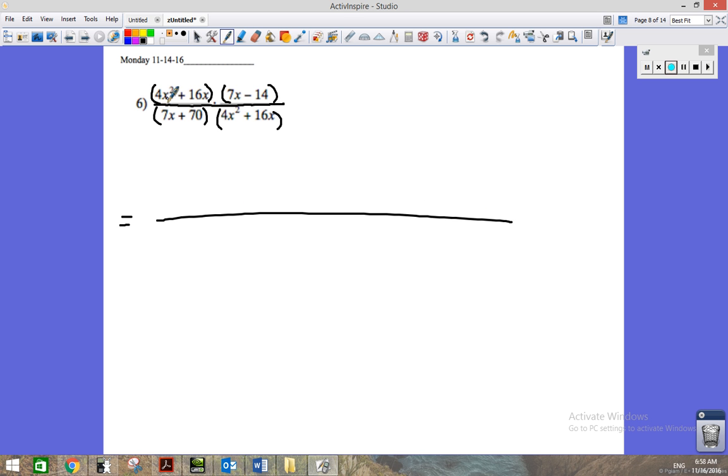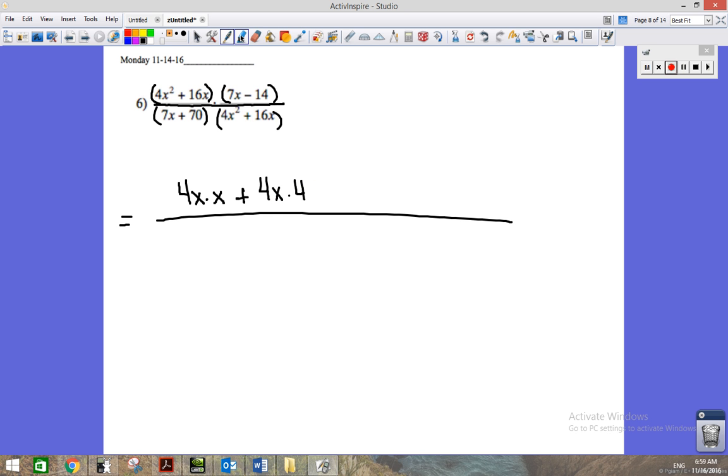We want to look at 4x squared and 16x and see if there's a number that divides each term. So we need to think about 4x squared as 4x times x. And we need to think about 16x as 4x times 4.